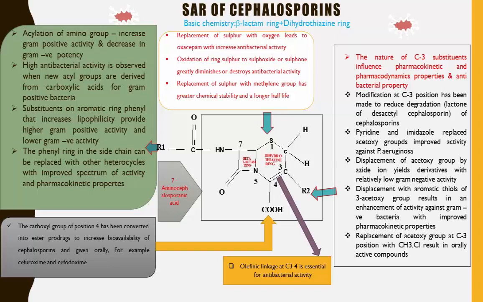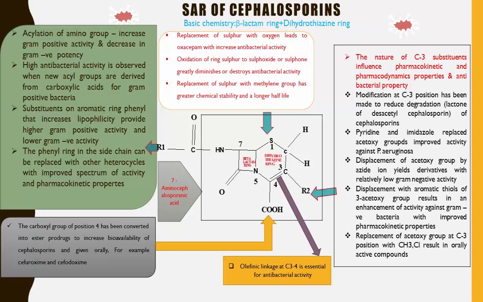Next, we come to the 7th position, which contains an amide group, and to the amide group an acyl group is attached, that is R1. Acylation of the amino group increases gram-positive activity and decreases gram-negative potency.